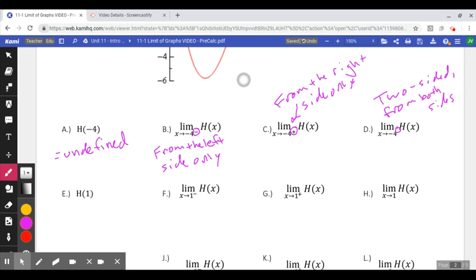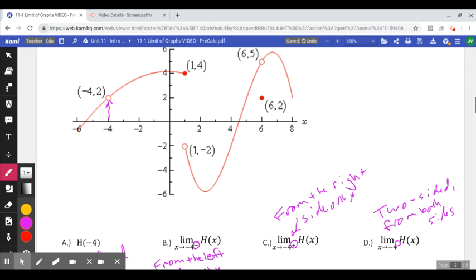So let's do B. B says from the left side only, and we're still approaching an x value of -4. The key here is that we need to be at a point that's on the function. As we get closer and closer to -4, the question is what y value am I approaching? So it looks like when x is over here, -5.5, our y value is 0.